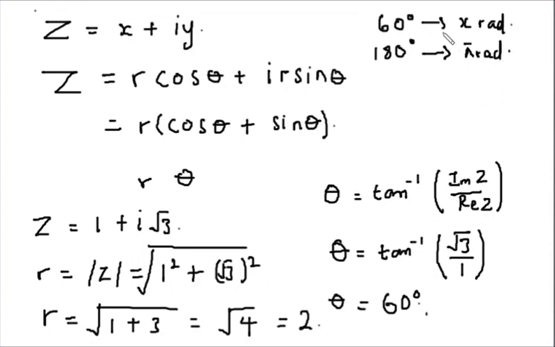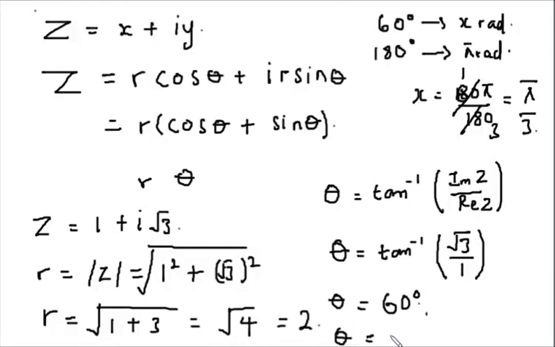If we cross multiply, x equals 60 pi divided by 180. So 60 into 60 is 1, 60 into 180 is 3. This is now equal to pi over 3. So theta is equal to pi over 3 rad.